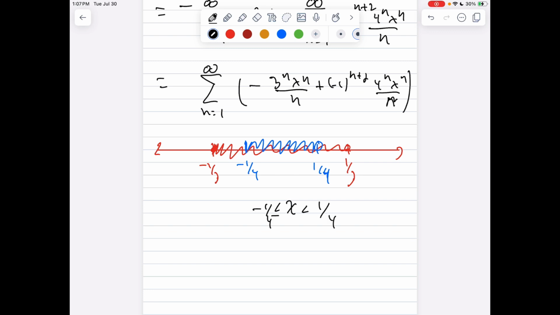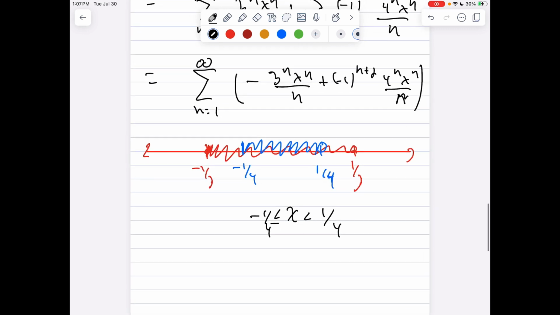There's a couple other things you could do to simplify this. You could take out an x to the n out of that and then put this all over n and whatnot. That would work out. And, oh, might as well just do it here. This would be minus 3 to the n over n plus negative 1 to the n plus 2, 4 to the n all over n.